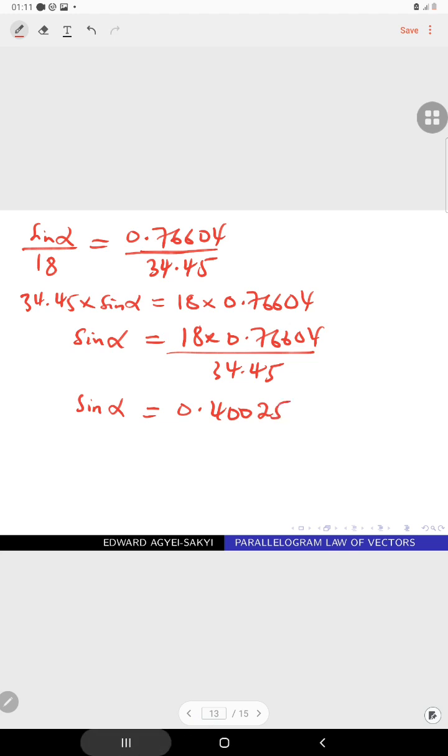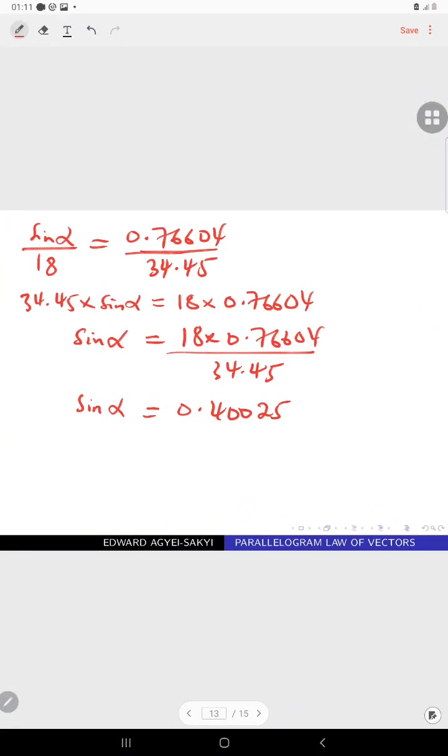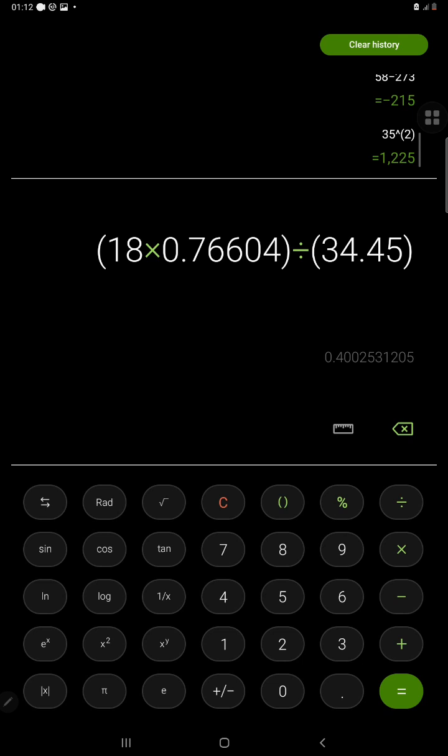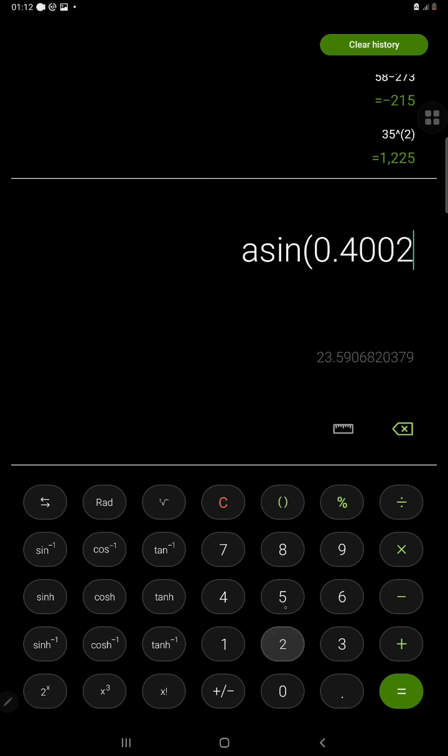Let me check on my calculator. Yes. So alpha is the sine inverse of 0.40025, which gives 23.59.